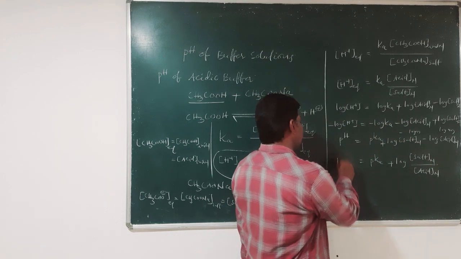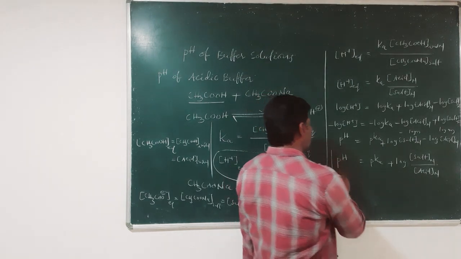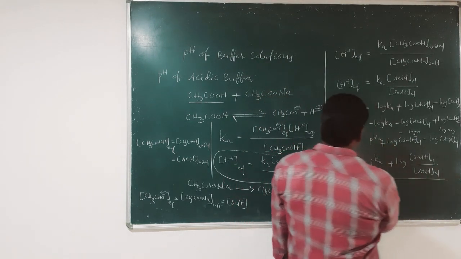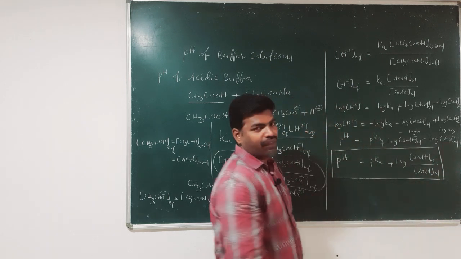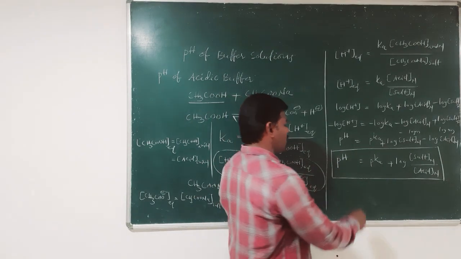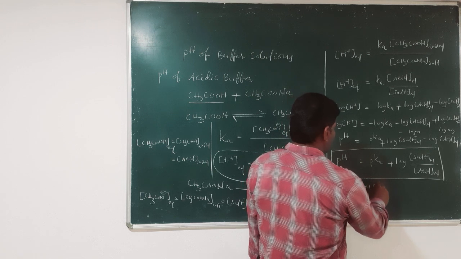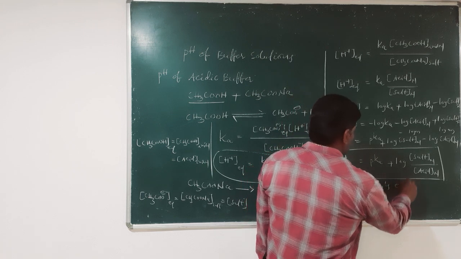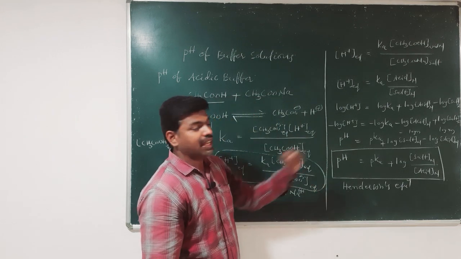So this is the pH of an acidic buffer. This is the equation for calculating the pH of an acidic buffer, and this equation is called the Henderson equation.